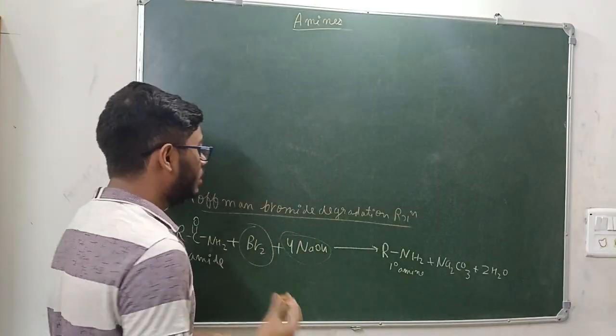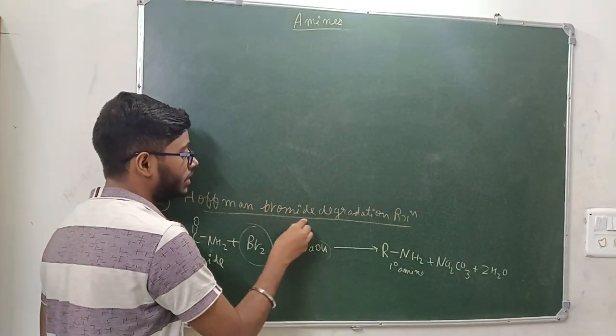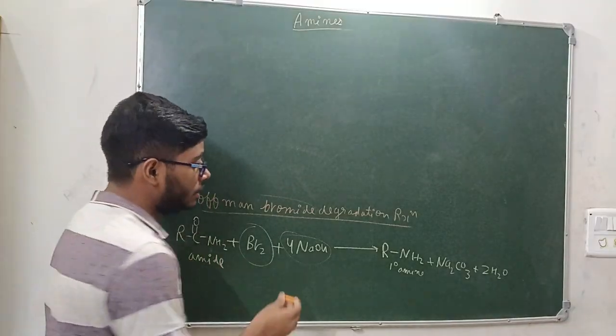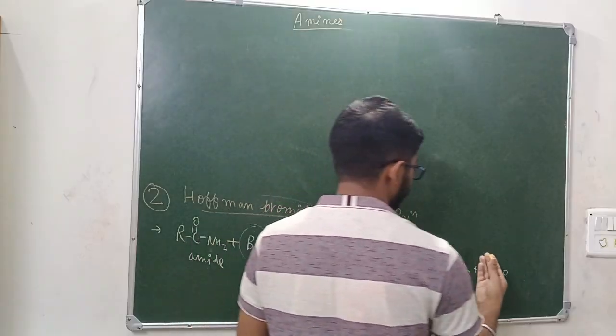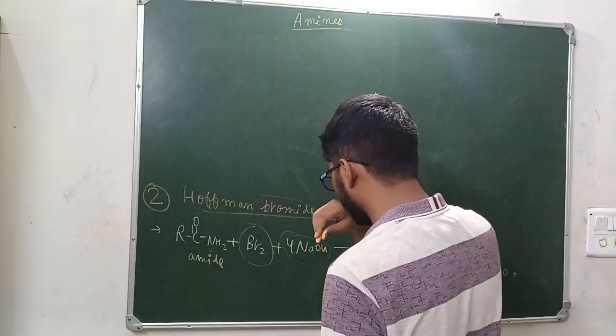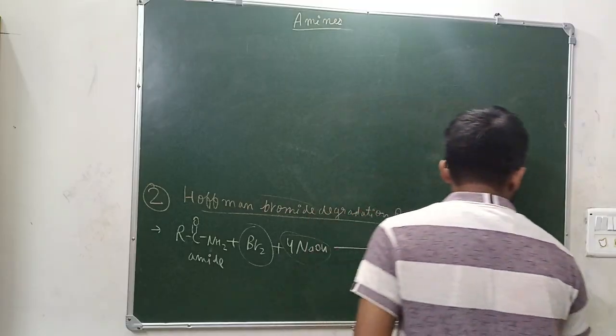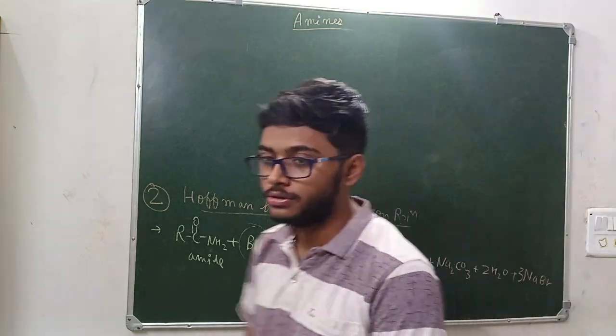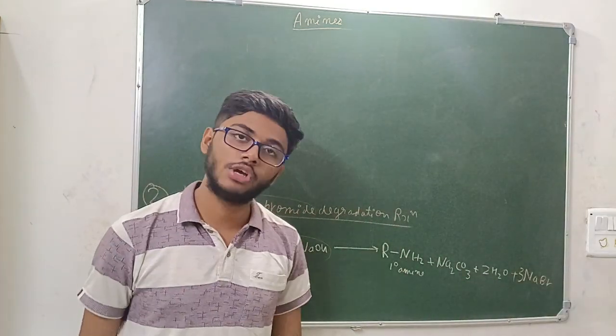This is the only reaction in organic chemistry which is named after a halogen. Okay, the amide is reacted with Br2, 4NaOH, then RNH2 is made, the byproduct Na2CO3 is made, 2H2O is made, and also one more byproduct, NaBr. 3 moles of NaBr is made. The reaction is now balanced. You can check this.